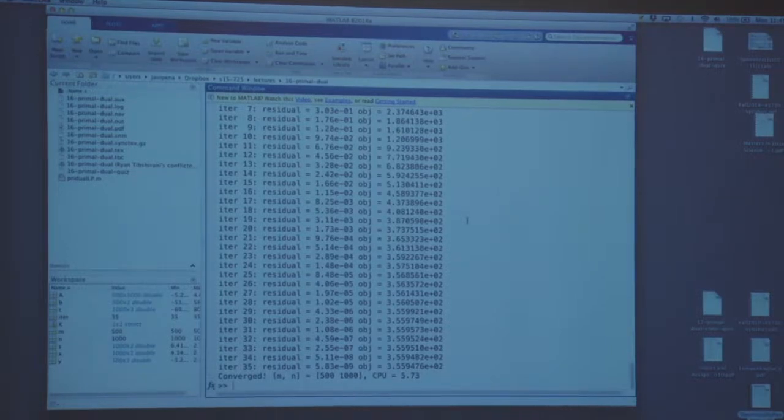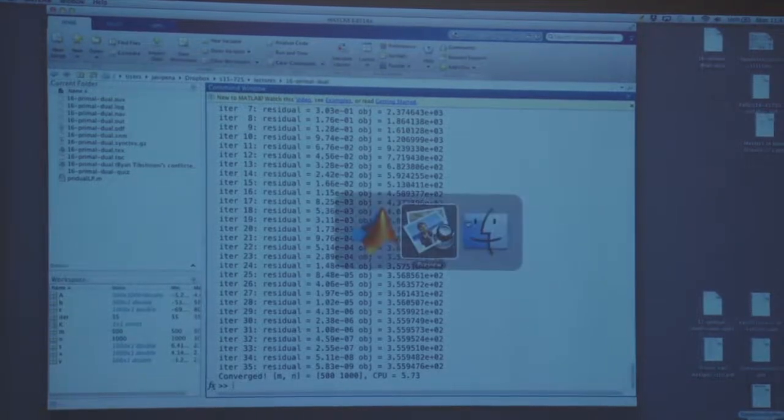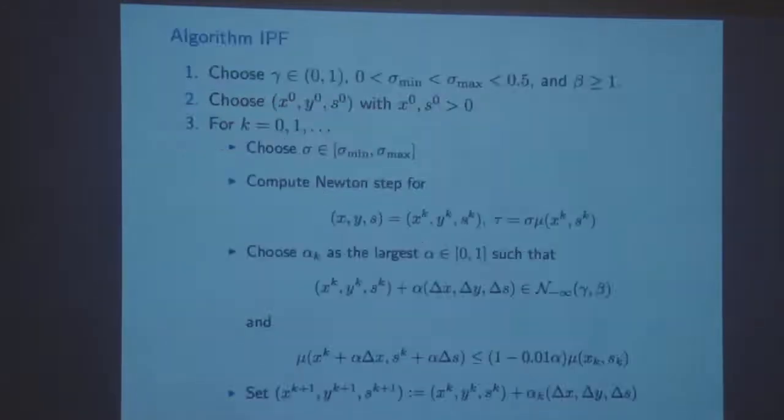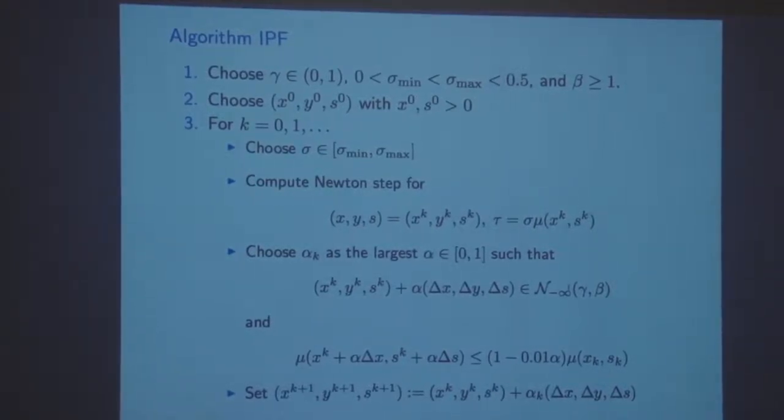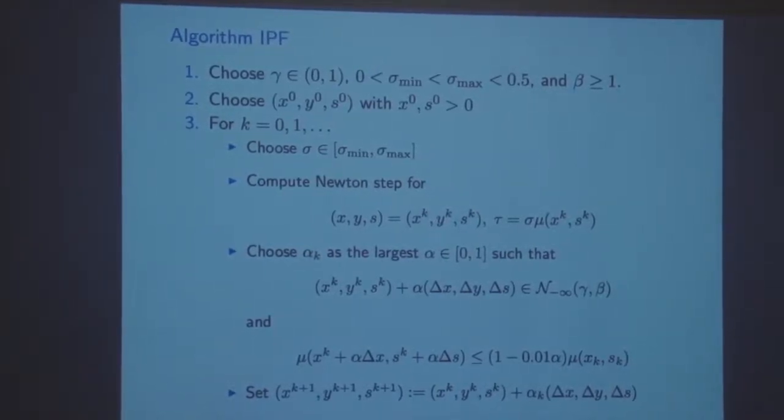Now, what I have implemented there is something that is very similar to this last algorithm here, except it's a little more sloppy than that last algorithm. The only thing that it worries about is making sure that my x and s variables stay positive. Other than that, it just takes the Newton step at each step, and it doesn't even bother to check that this condition holds.